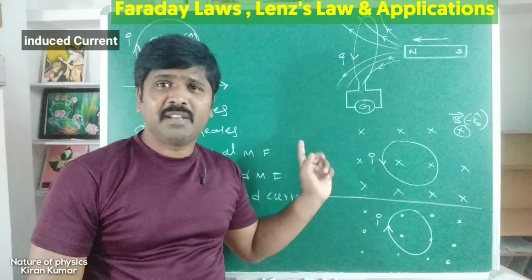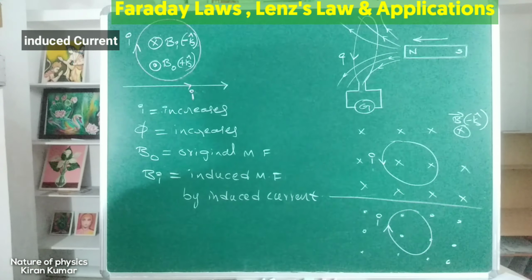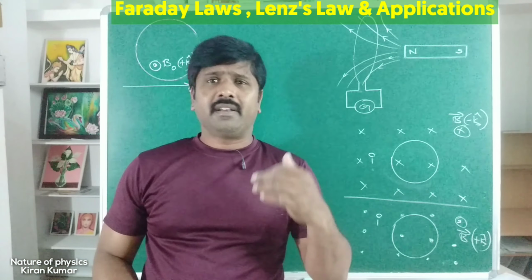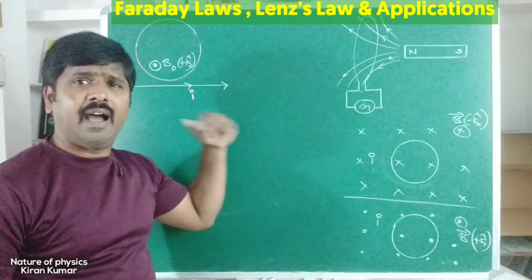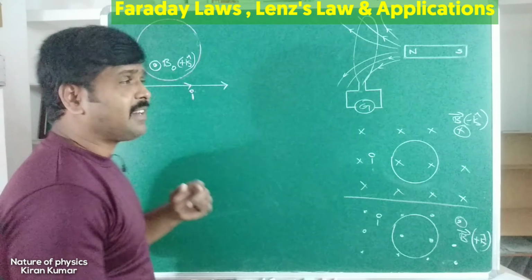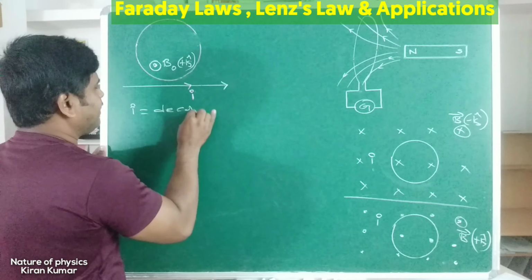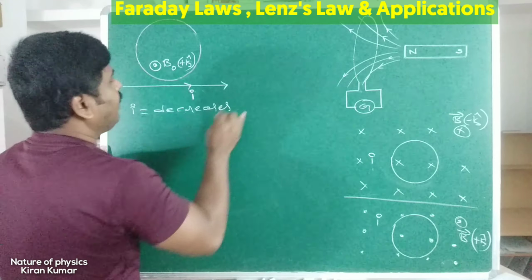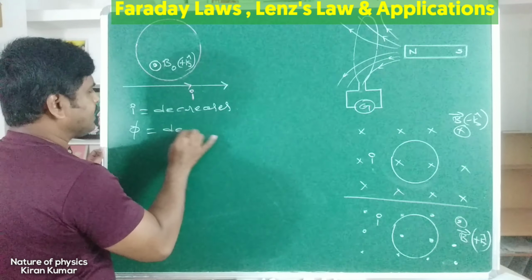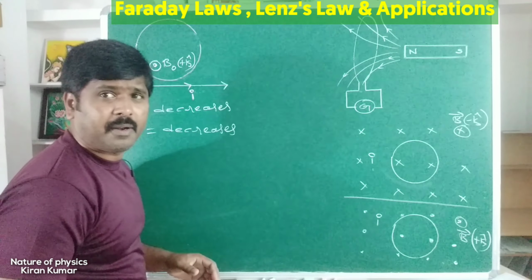Next, decreasing the magnetic field. Just a second, I will clean and come. We did first the current constant in the conductor, and second the current increasing. Now third is the current decreasing. Here the current I decreases in the conductor, so the magnetic flux produced by the current carrying conductor also decreases.